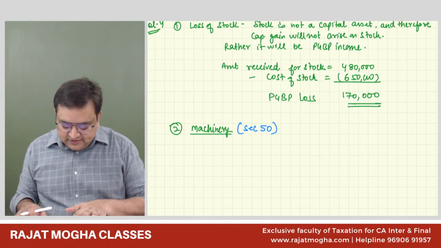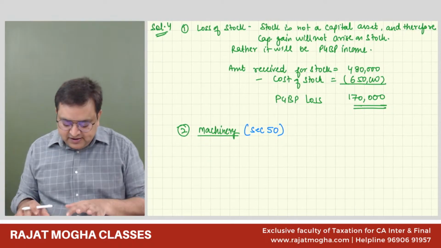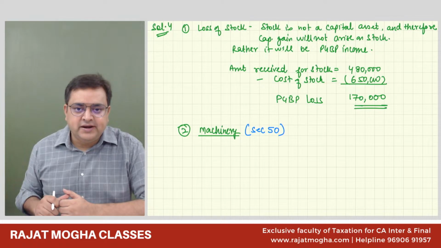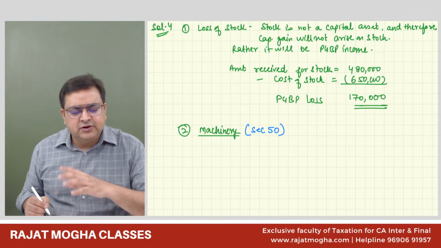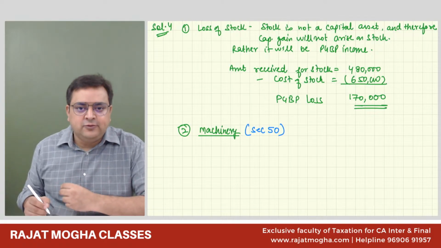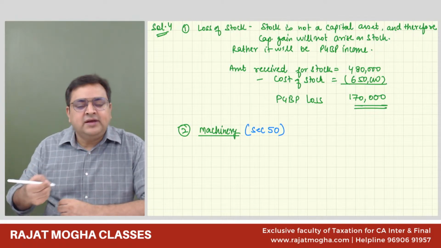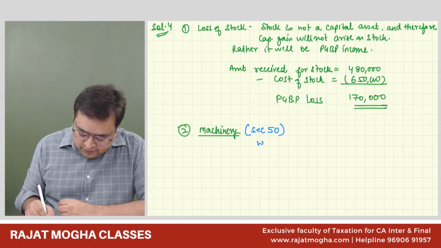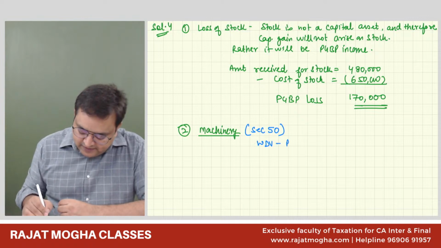So what does it tell us? That if this machinery, or any part of the machinery, is getting sold or transferred or destroyed, then there could be a capital gain under section 50. How do we actually calculate it? We calculate it the same way we calculate depreciation. So the block value, this is the WDV of the block of plant and machinery.